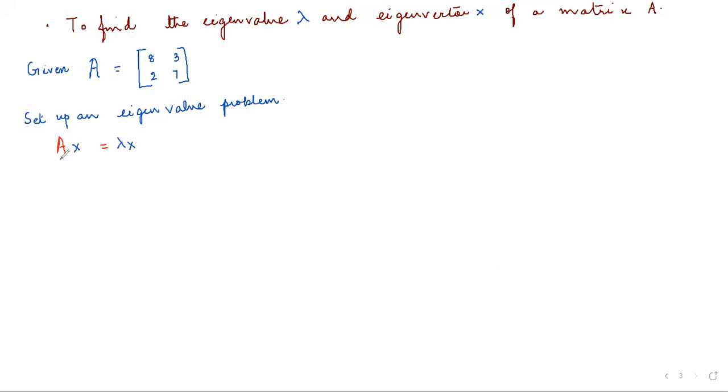A is a matrix, lambda is a scalar, x is a vector, and here x is the same vector.